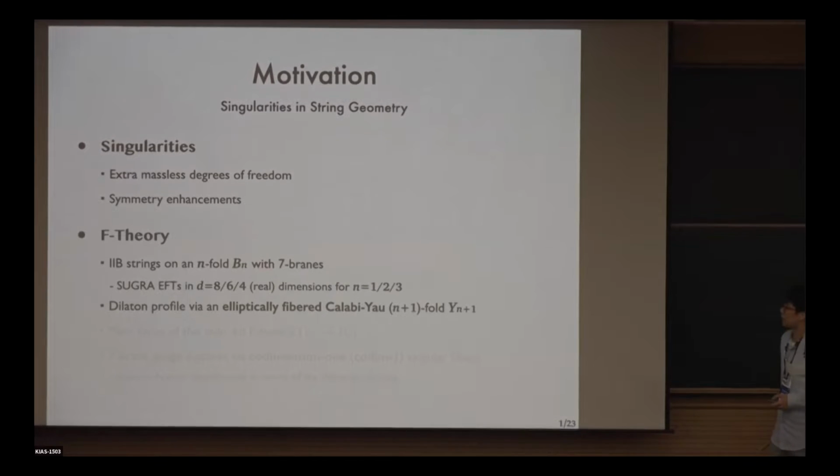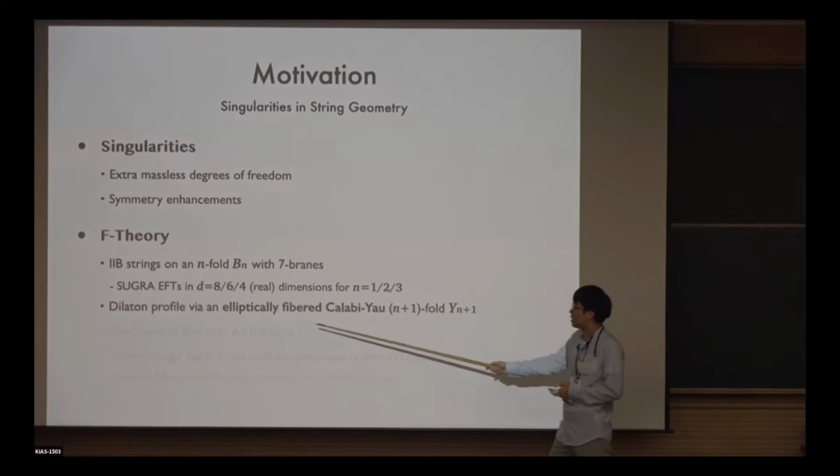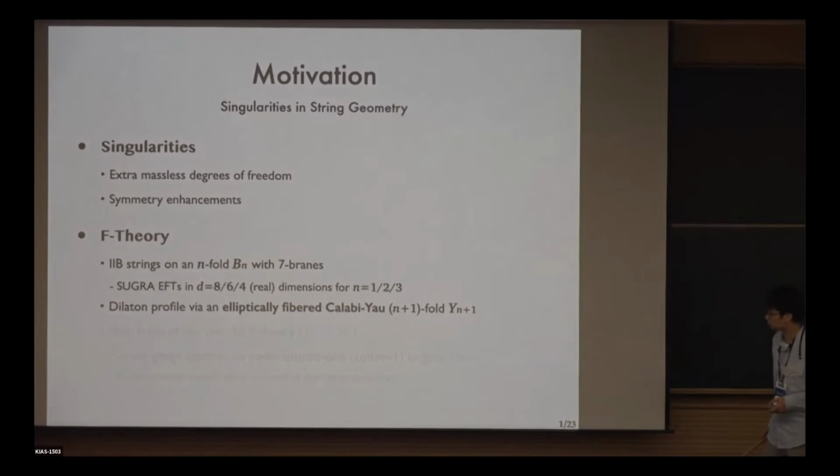Arguably, one of the most prominent frameworks for such phenomena is F-theory, which is essentially the type IIB string theory compactified on a complex n-fold Bn with a bunch of 7-branes around. For n equals 1, 2, 3, the EFTs live in D equals 8, 6, and 4 real dimensions, respectively.